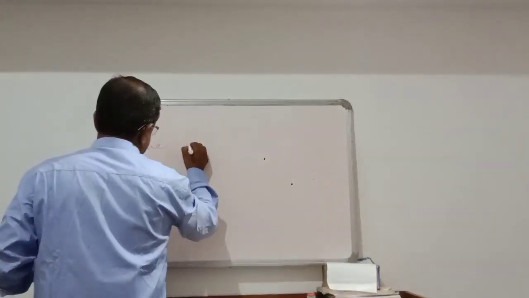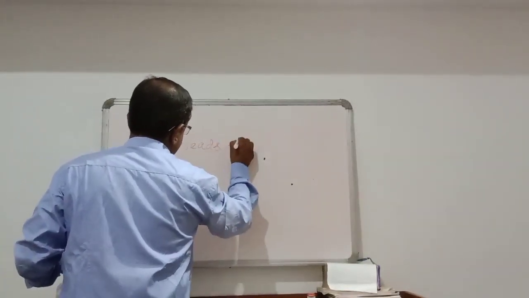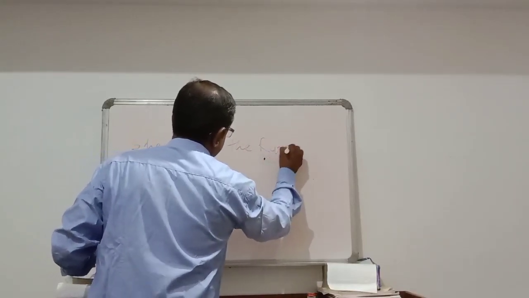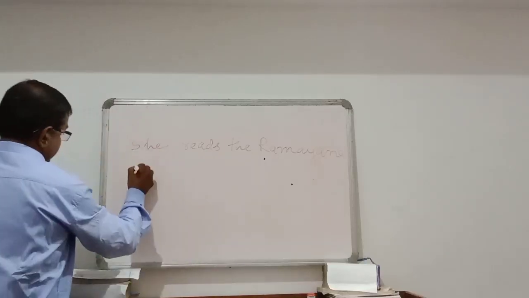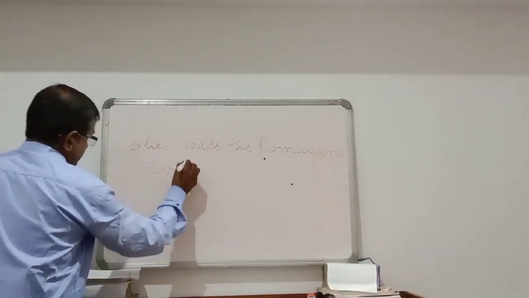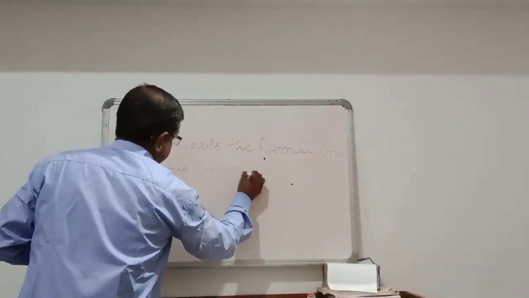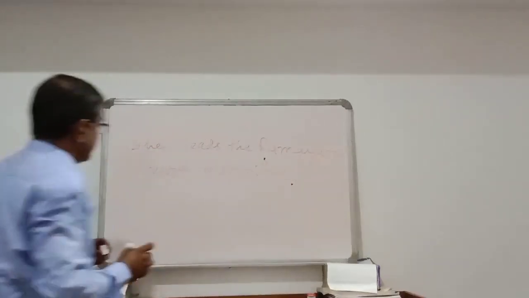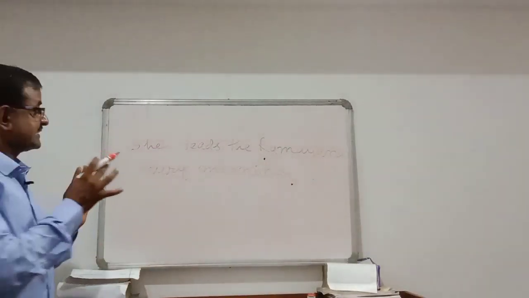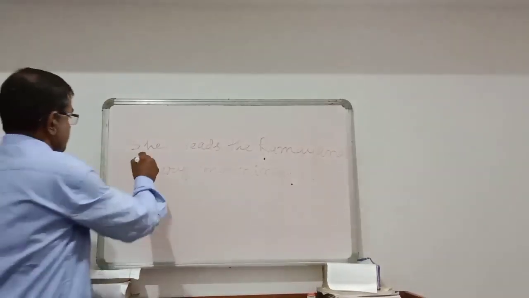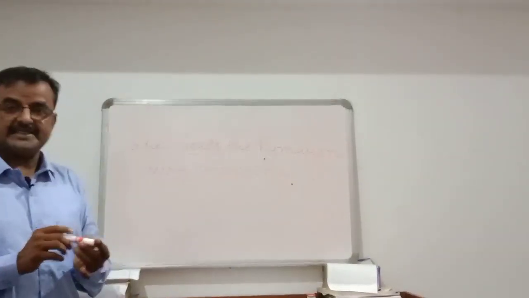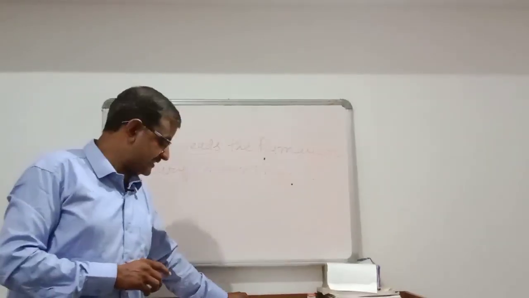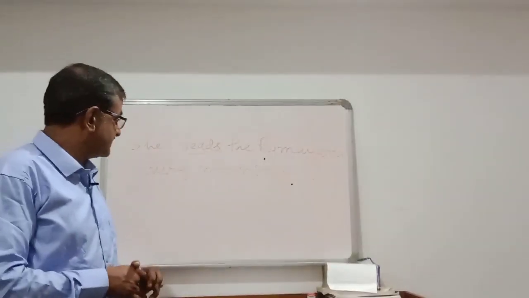She reads the Ramayana every morning. She reads the Ramayana every morning. It is her habit. Subject plus verb 1. And we have found the difference between present continuous and simple present tense.